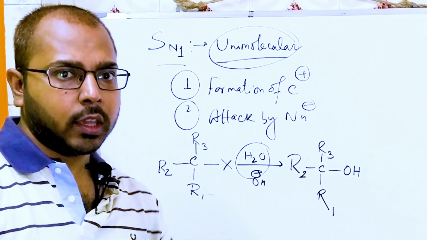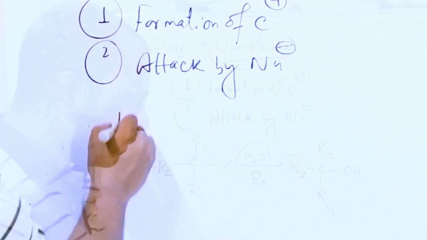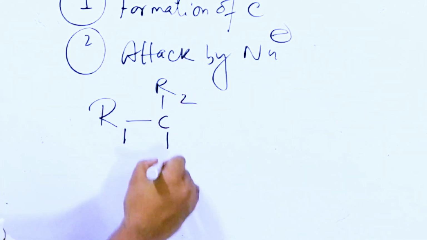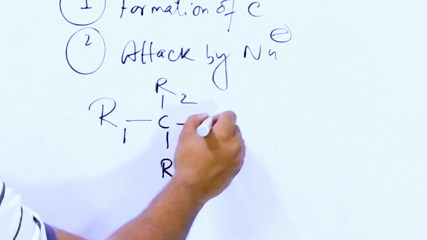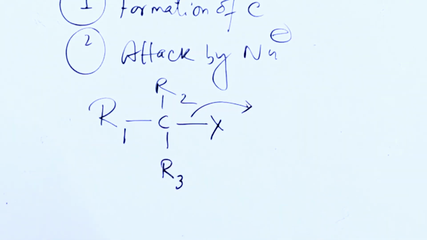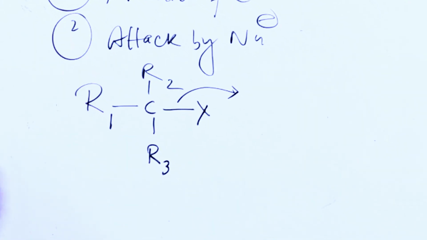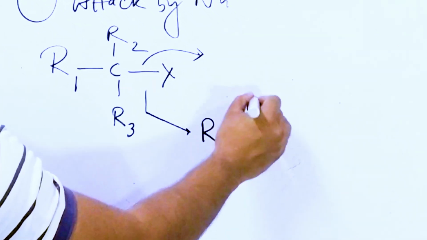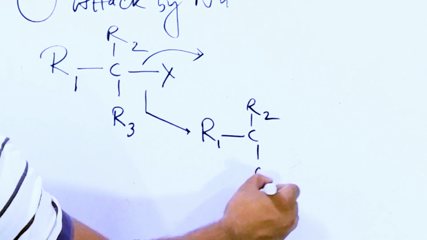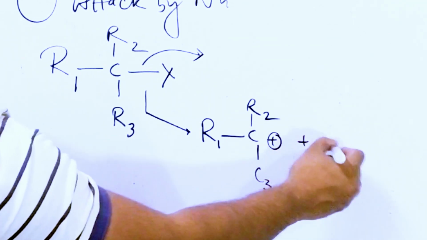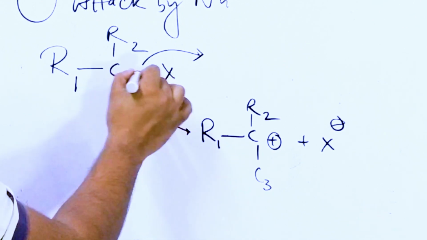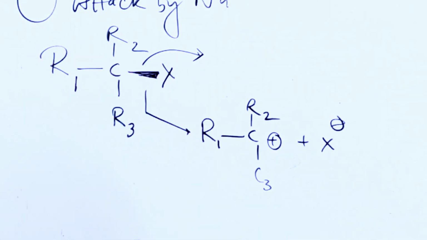So how is it going? Now I will tell you. So the first step is formation of carbocation. So one carbocation should be formed. Now say for example, I am considering this X is present above the plane.